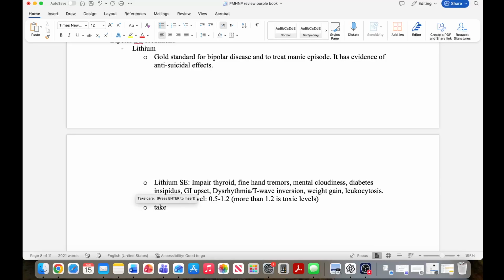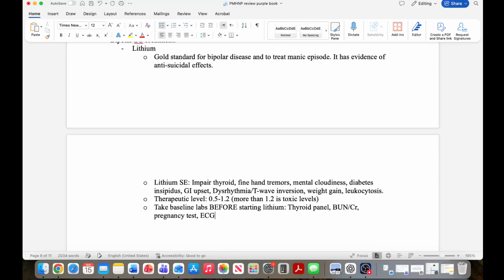Okay. Take baseline labs before starting lithium. You can't just start lithium, okay? You need everything. You need a thyroid panel, serum creatinine, BUN creatinine. We're checking the kidney, right? Pregnancy tests, that would be important.